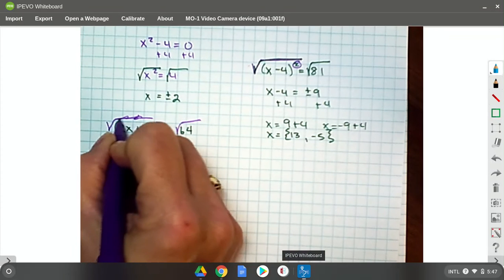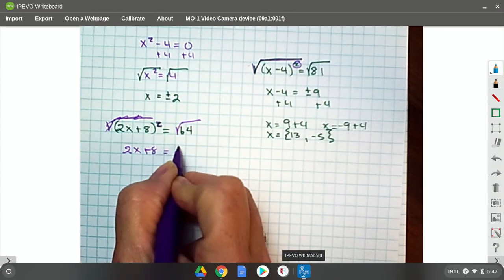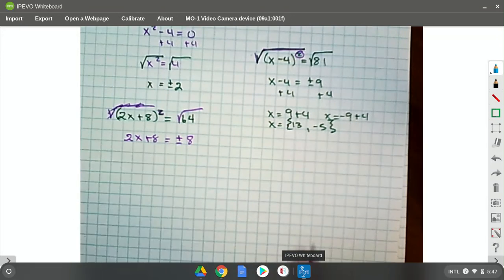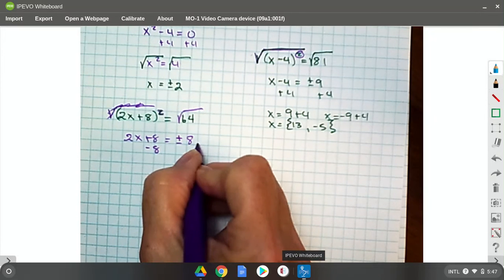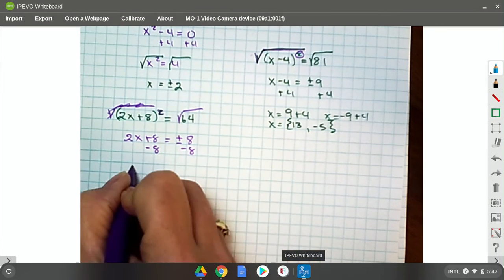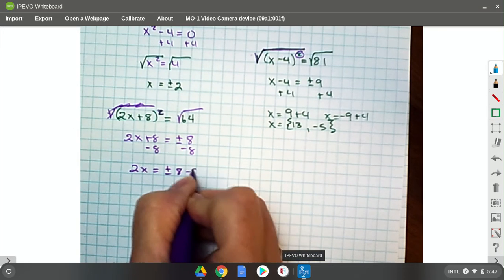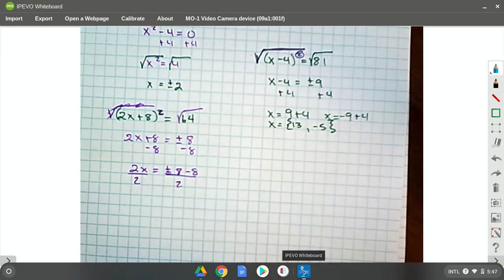These two cancel each other out, and I'm left with 2x plus 8 equals plus or minus 8, right? So then I got to subtract that 8 from both sides. And 2x equals plus or minus 8 minus 8, and divide by 2.